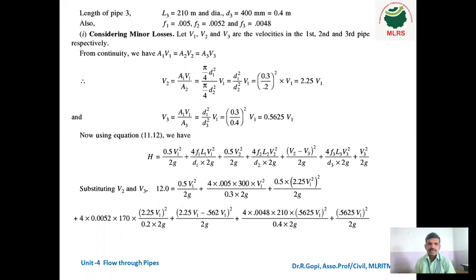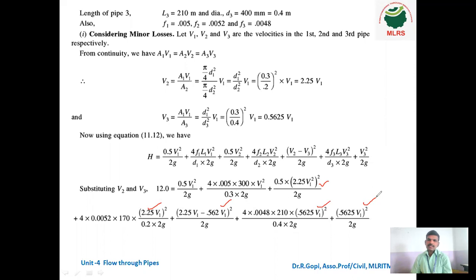Here you can see all the terms are in terms of V1 only. We converted V2 and V3 because there are three parameters, and it is not possible to find all the values.